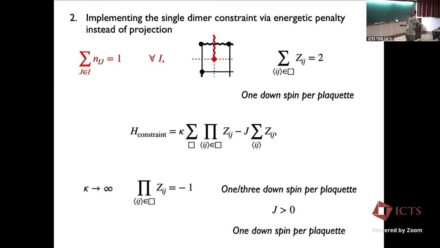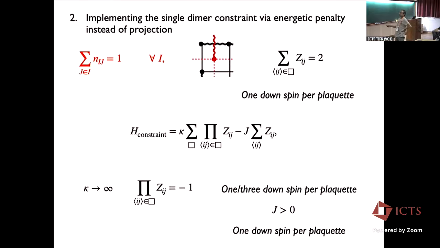So remember, the dimer constraint was one dimer per site, which in terms of these Ising variables is the sum of Z over a plaquette being equal to 2. Let me point out that there is an energetic penalty that can be implemented by this Hamiltonian called H constraint, which has two terms.